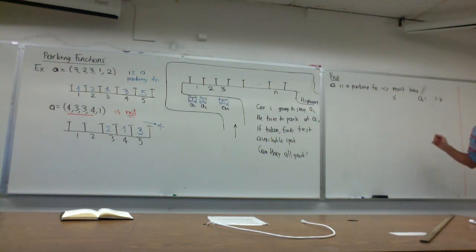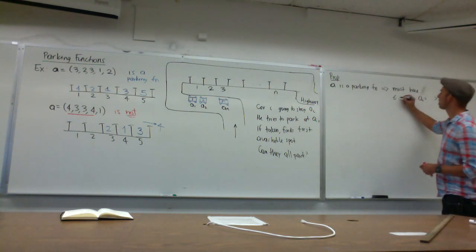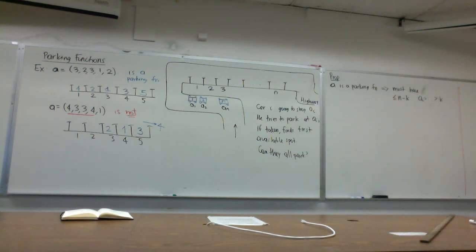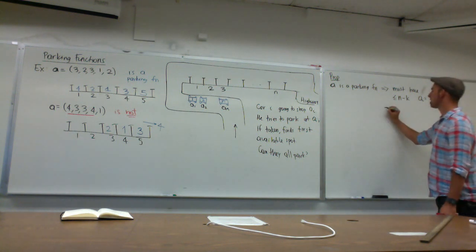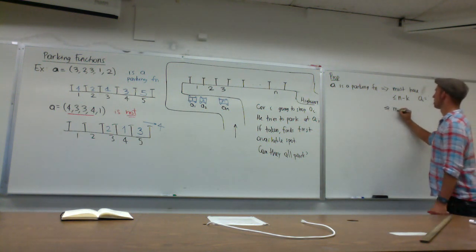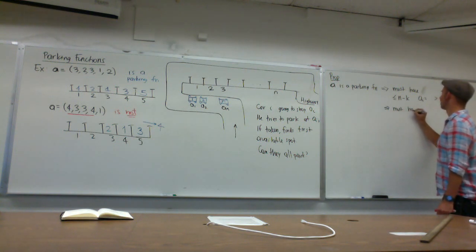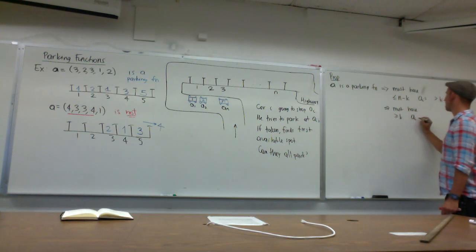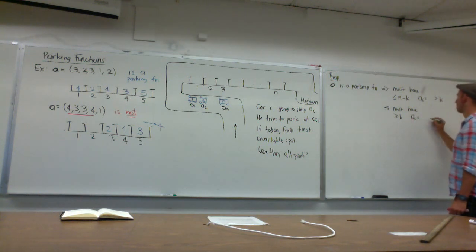There's only n minus k available spots, and so there must be at most n minus k cars that are going for those spots. And this is the same thing as saying that I must have at least k AIs which are less than or equal to k.